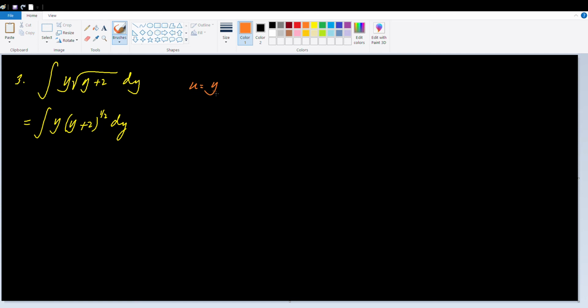Let us use y as our u. And our dv is y plus 2 raised to 1/2 dy. So du is dy, and integrating y plus 2 to the 1/2 dy, applying the power formula will give us y plus 2 to the 3/2. 1/2 plus 1 is 3/2, all over 3/2.